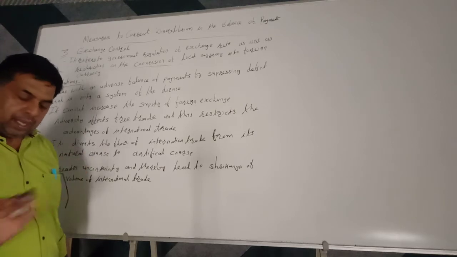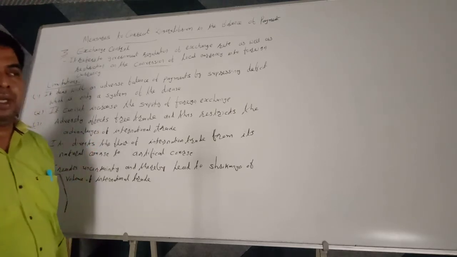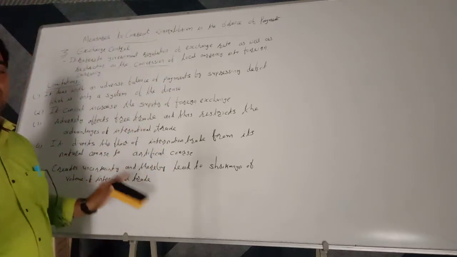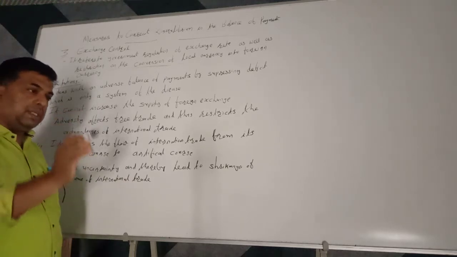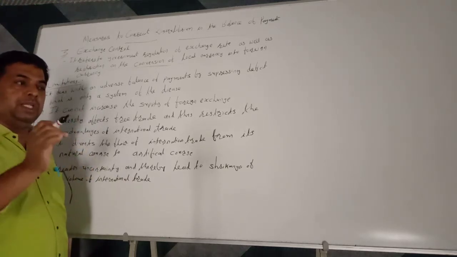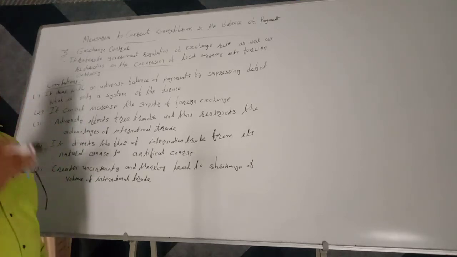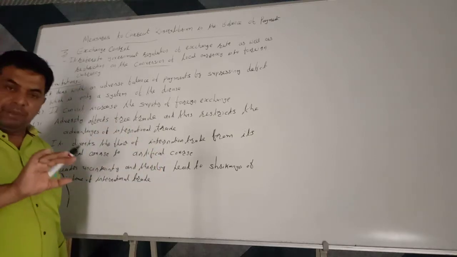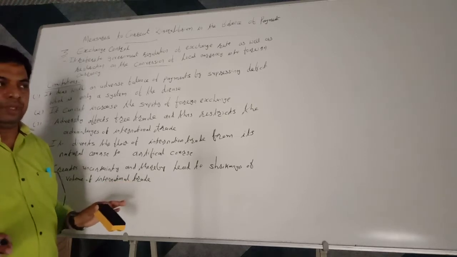So all the exporters have to surrender their export earnings to the Reserve Bank at a predetermined fixed rate, कि इतना $1 is equal to so and so rupee fixed. Now on the basis of availability of foreign exchange, the Reserve Bank, the government, issues licenses of imports on the basis of priority and preferences. Getting my point? Try to understand.